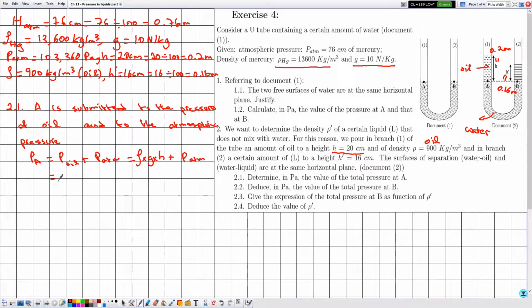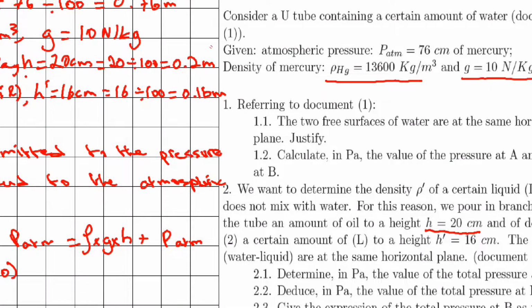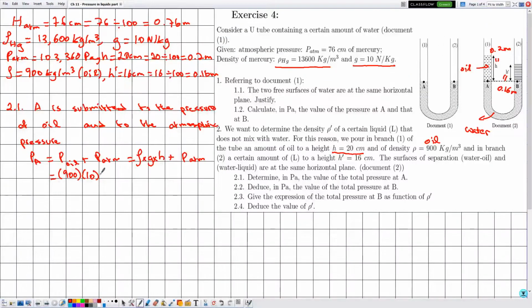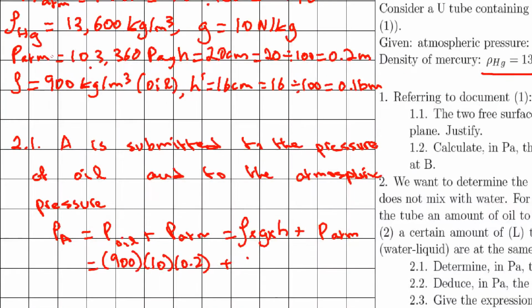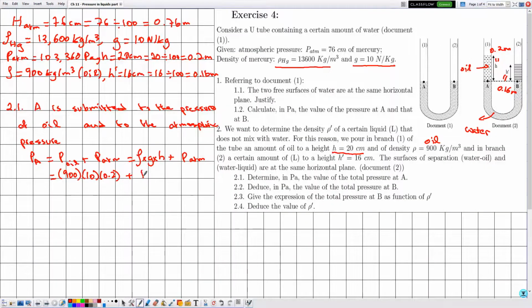Now the density of oil in the SI is given by 900. The value of G is given by 10. And the value of H is given by 0.2. And we have already calculated the atmospheric pressure, which is given by 103,360.